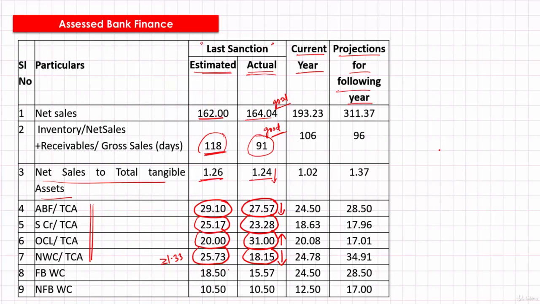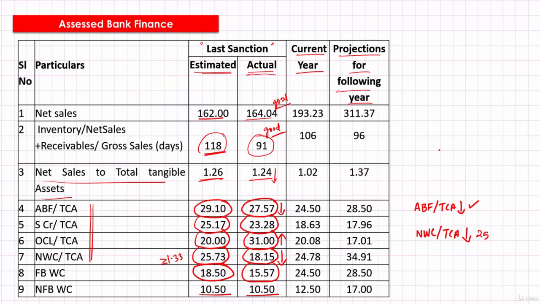Also look at the fund-based working capital. Estimated is 18.5, actual is less than that, that is good. Non-fund based, it is same, 10.5, 10.5. Okay, so this is the position of estimate vis-a-vis actual. Here actual ABF to total current asset is less than estimate, that is good, but the matter of concern here is net working capital to TCA is below the expected level.